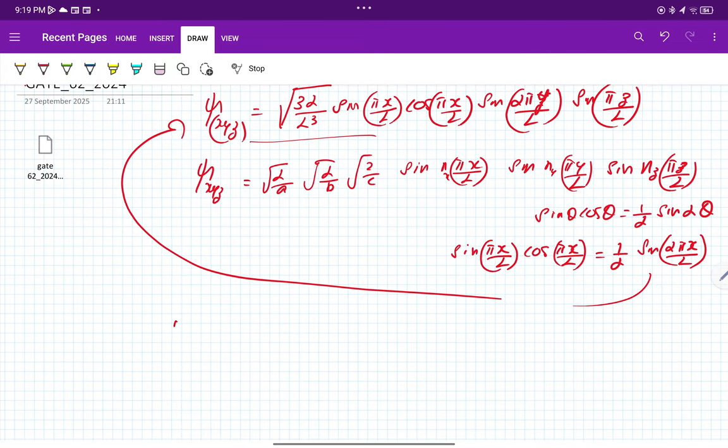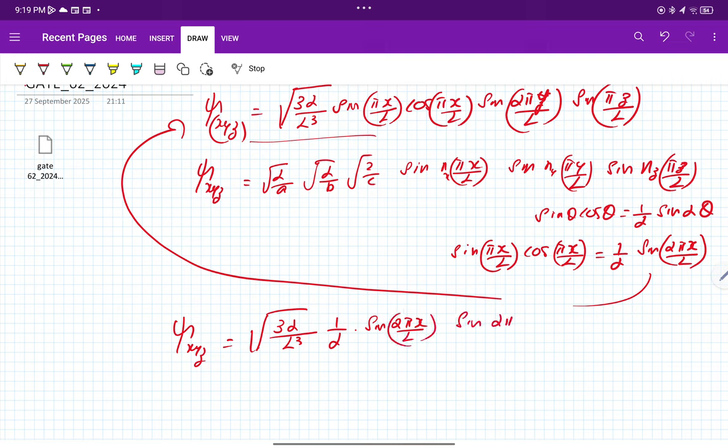It will be psi(x,y,z) equal to the normalization constant root of 32 by L cubed, then 1 by 2 into sin(2 pi x by L), next sin(2 pi y by L), next sin(pi z by L).